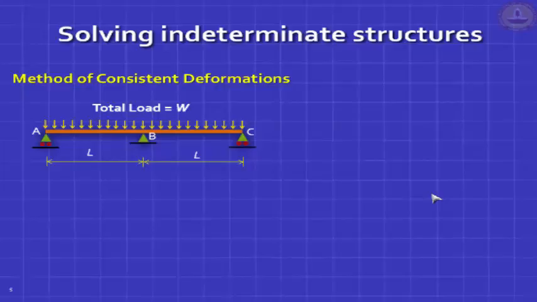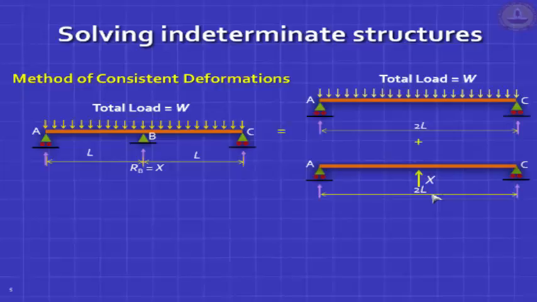So let's remove that support, and you're left with a simply supported beam. That simply supported beam is called the primary structure, and we will superimpose the external load W and the unknown reaction like this, and this plus this must add up to this.